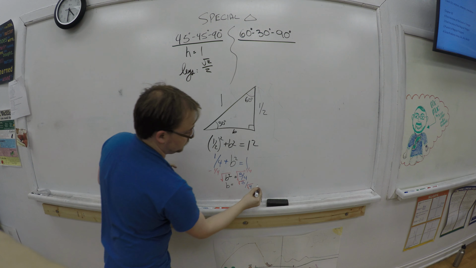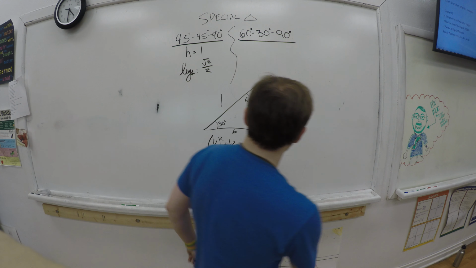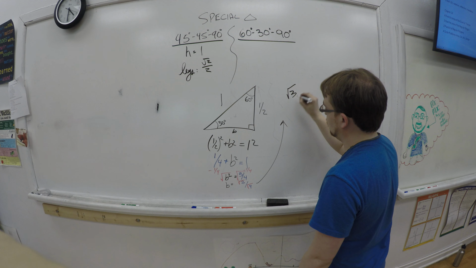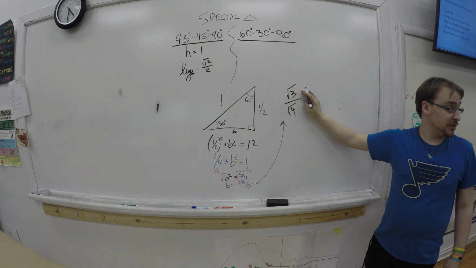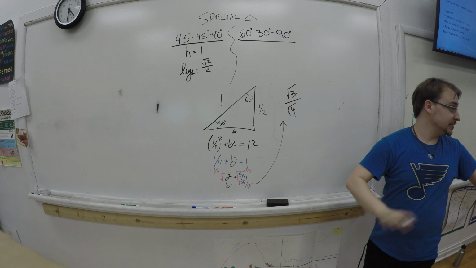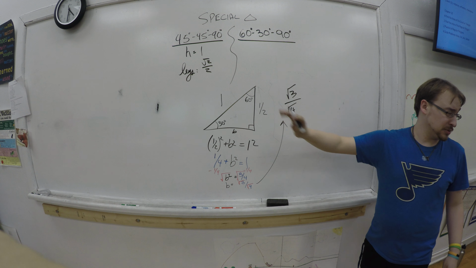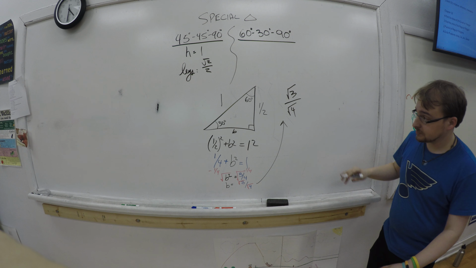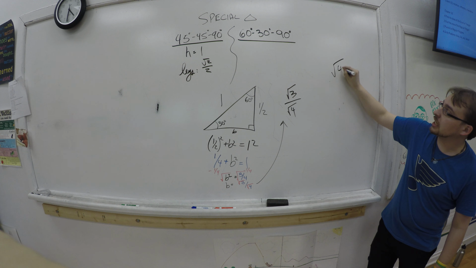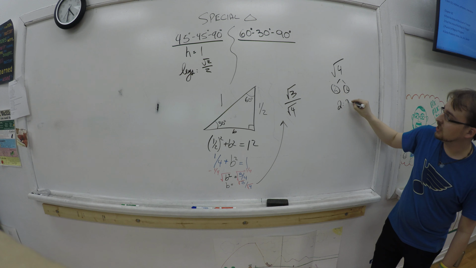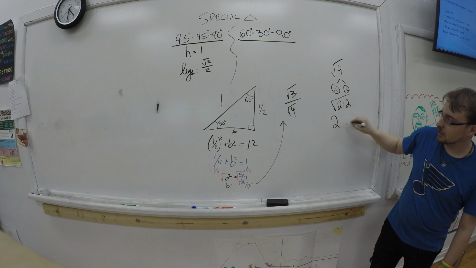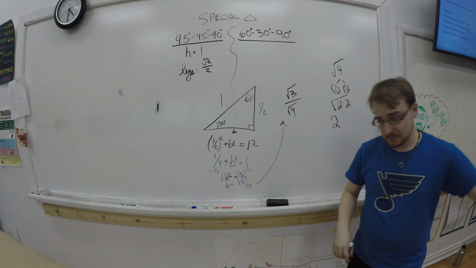Let's do that up here. So we've got root 3 over root 4. Well, root 3, there's nothing you can do with it, right? 3 times 1, 3 is prime. Just got to leave it alone. Obviously, this is plus or minus, but we're talking about triangles, so just leave it positive. Root 4, well, let's check that. It's not prime. Breaks into 2 and 2. Put them both inside. 1 gets out. We demolish the jail. It's just 2.